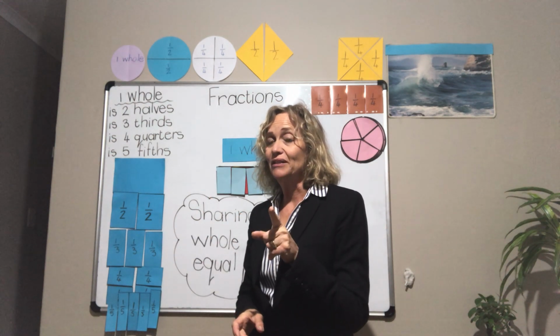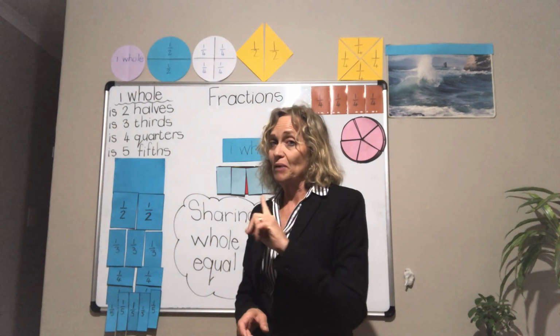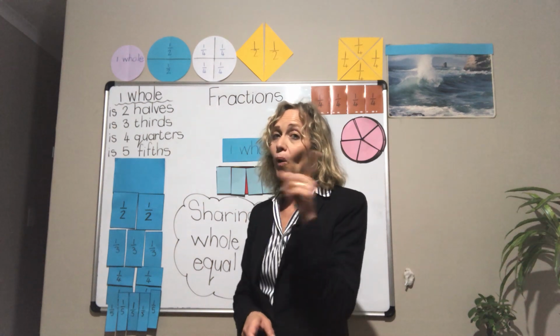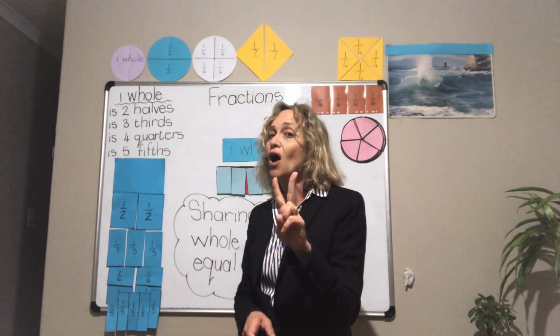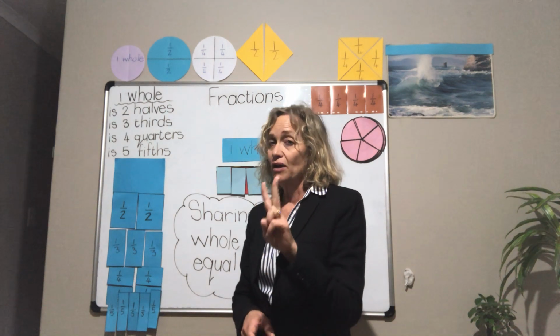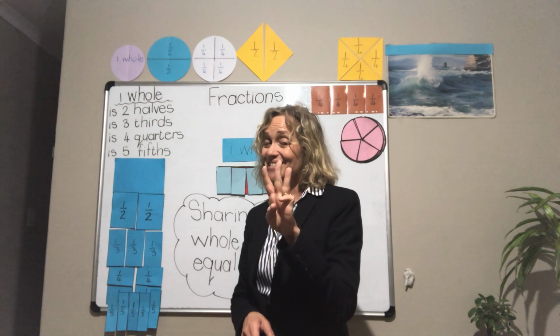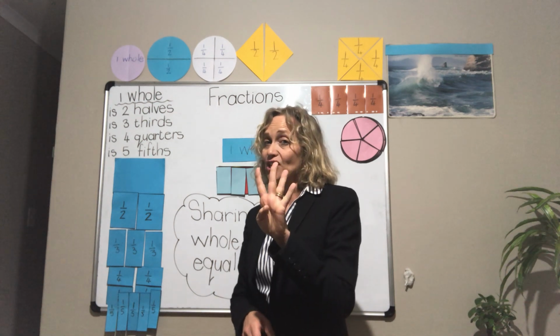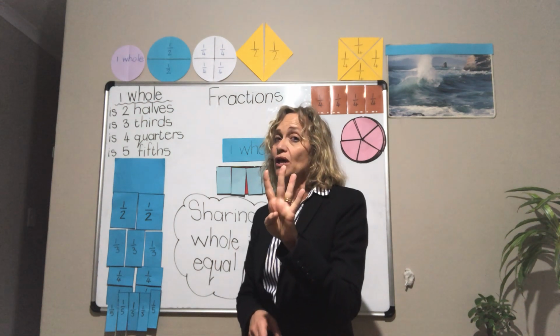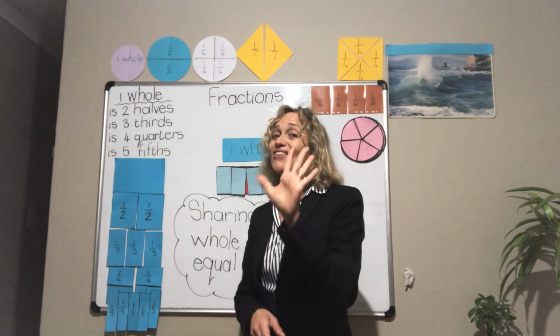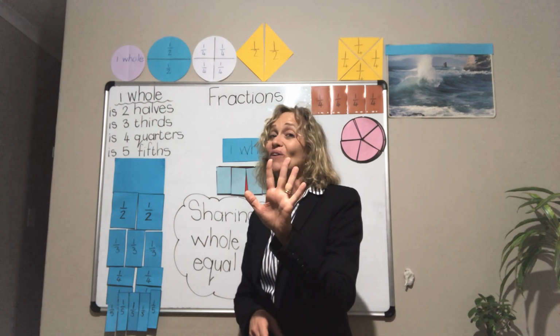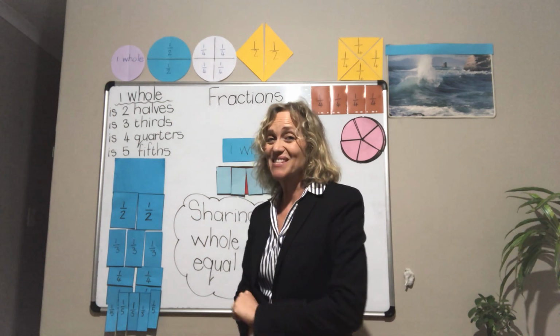One fraction is a whole. 2 fractions are halves. 3 fractions of a whole is called thirds. 4 fractions of a whole is called quarters. 5 fractions of a whole is called fifths.